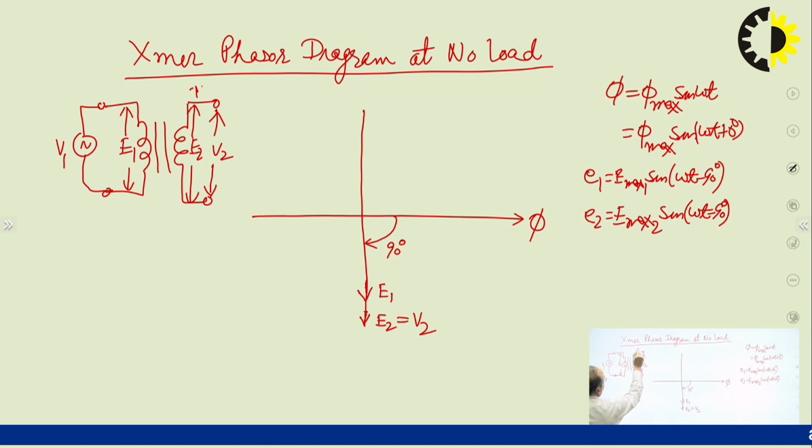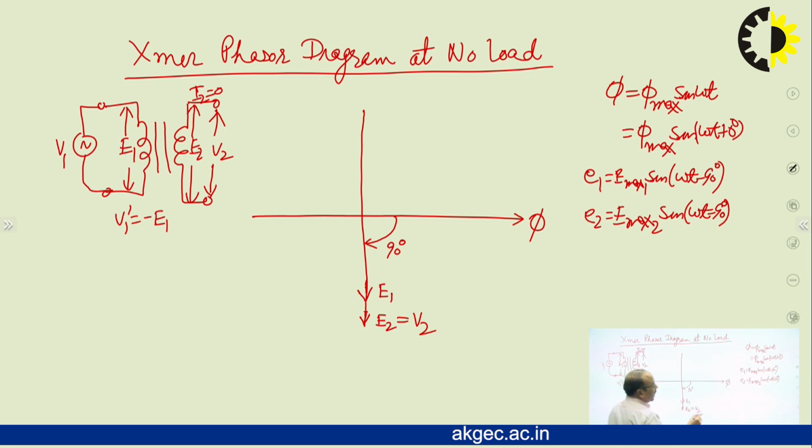So I2 will be 0 in the secondary due to the open circuit, and corresponding to E1 we have the voltage drop in the primary V1 dash, which is equal to E1 in magnitude but opposite to E1. That's why we take it as minus E1.